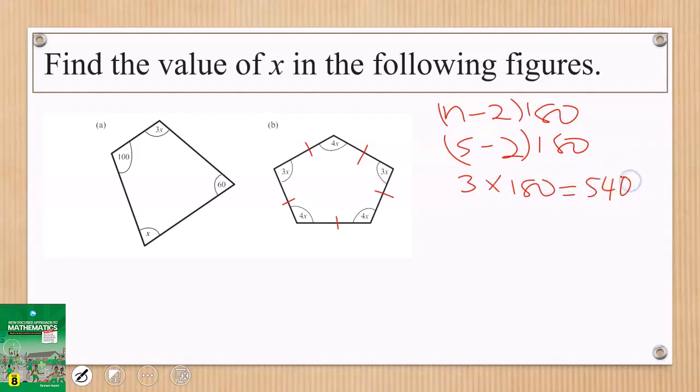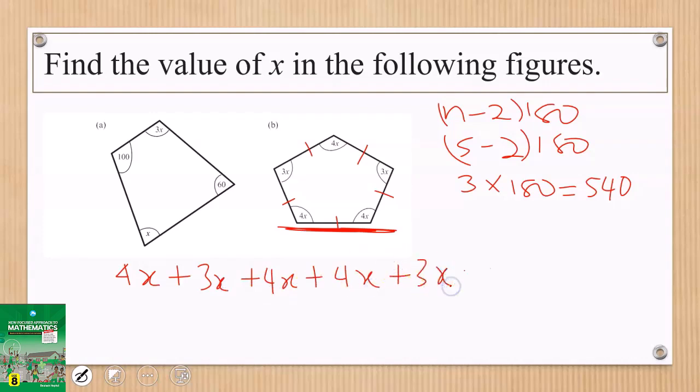Do the calculation well, and we get 540. That means if you sum all the interior angles here, which is 4x plus 3x plus 4x again plus 4x again plus 3x, all should give us 540. And that should be 5 interior angles. So you have 1, 2, 3, 4, 5.